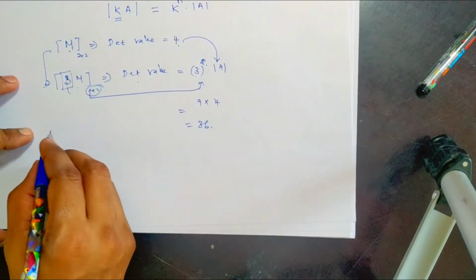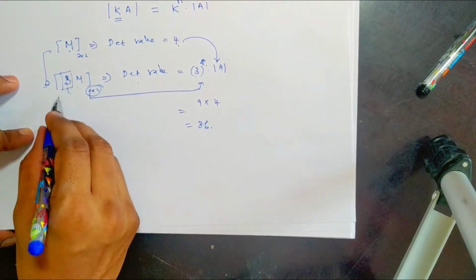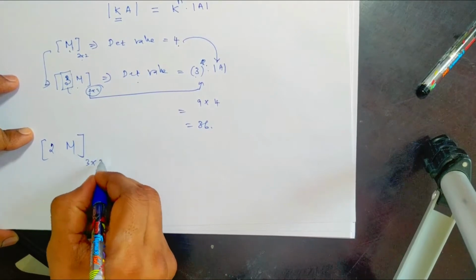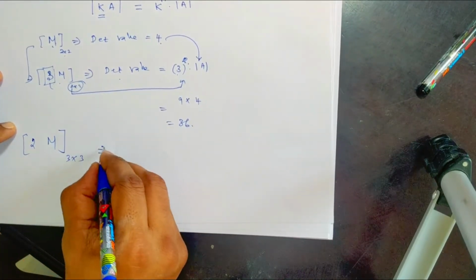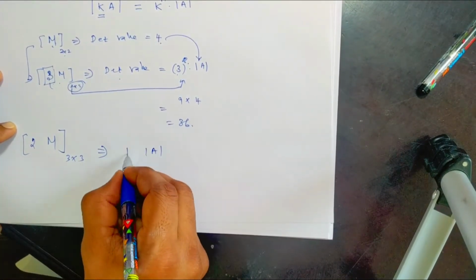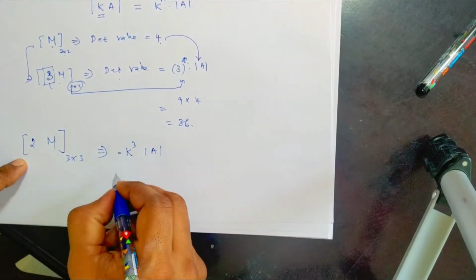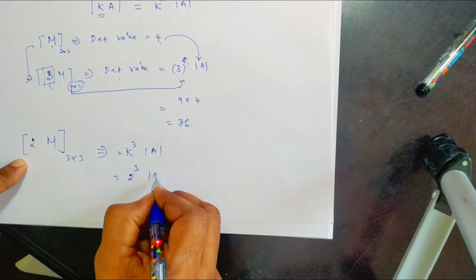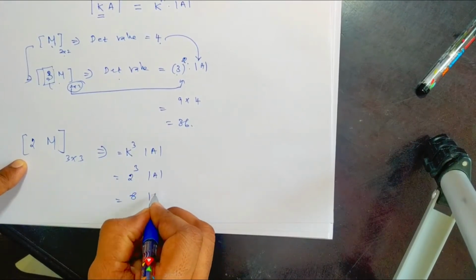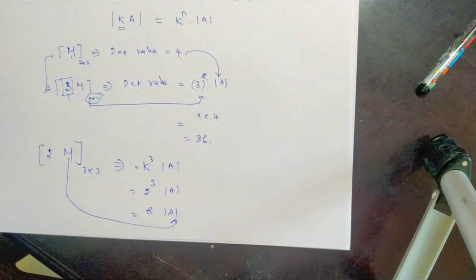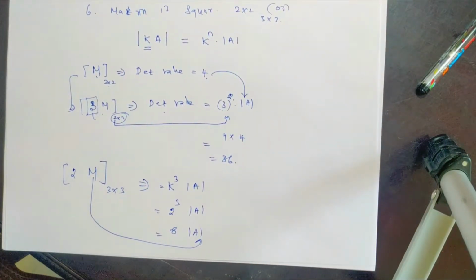And for example, if we have a 3 cross 3 matrix multiplied by 2, then the determinant is k power 3, that is 2 power 3 into the determinant, which is 8 times the determinant value. This is one of the important properties of determinant, right?